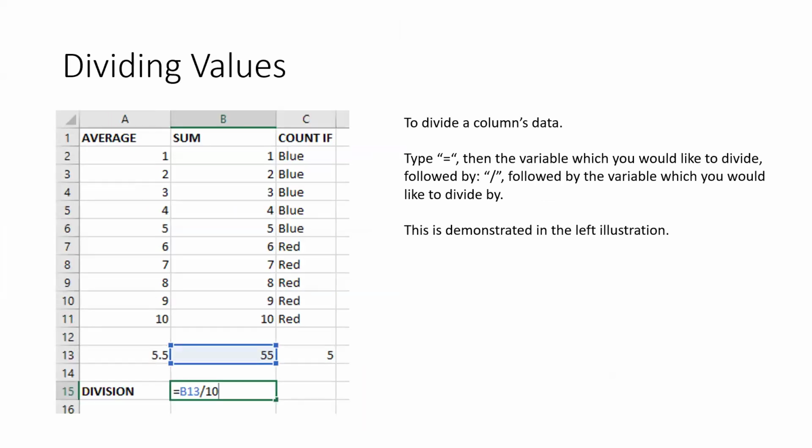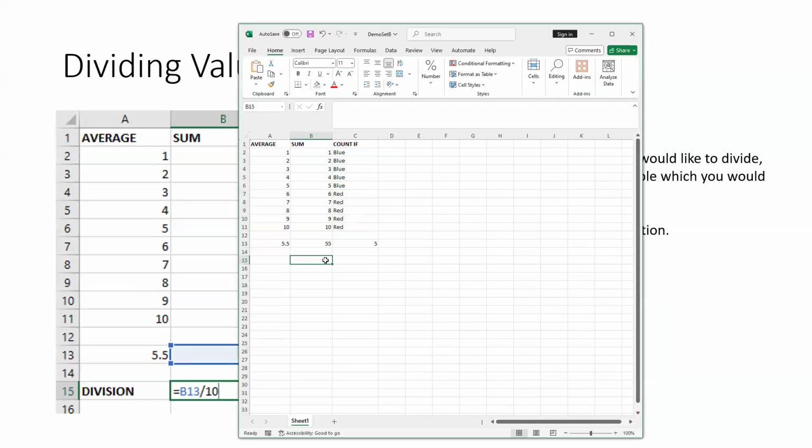And finally, if we want to do some division, we're going to put equals whatever value we're interested in dividing. So let's say we're interested in dividing 55. So equals 55 divided by, we're going to use a forward slash. That's the rightmost button next to your shift key.